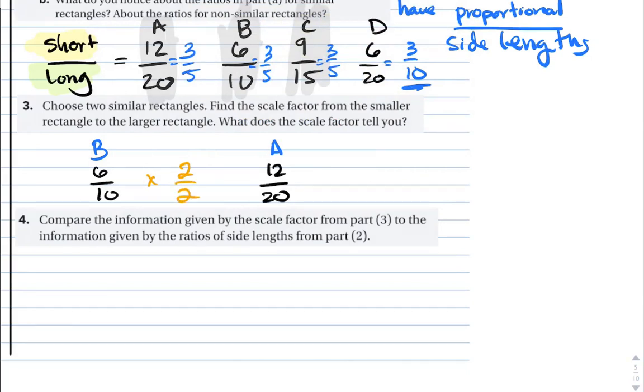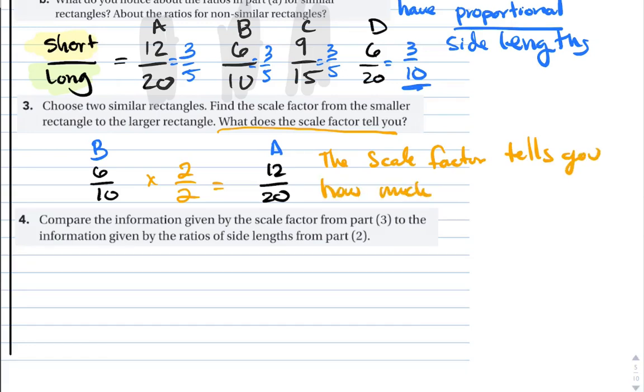And what does the scale factor tell us? The scale factor tells you how much each side length increases.